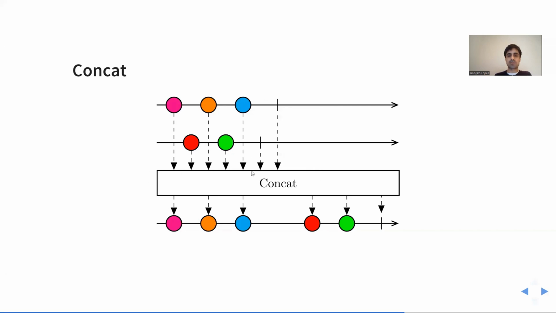But now what concat is going to do is, instead of subscribing to both sequences at the same time, it first subscribes to the first sequence, and only after that sequence is completed, it subscribes to the second sequence. So that will make this single resulting sequence basically a sequencing in time of the 2 timelines, one after the other.